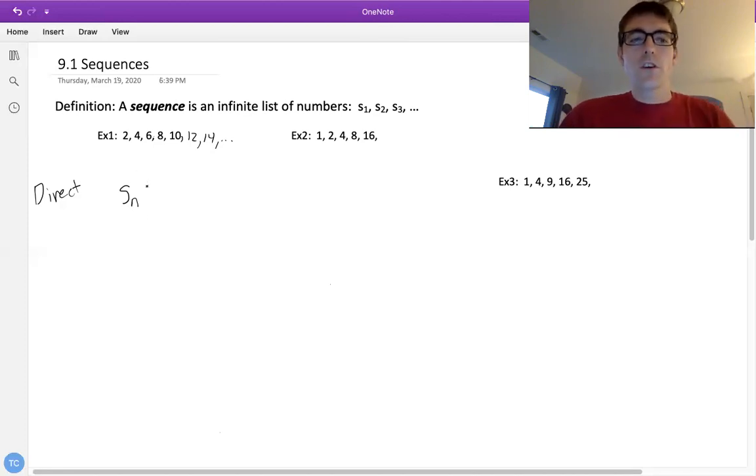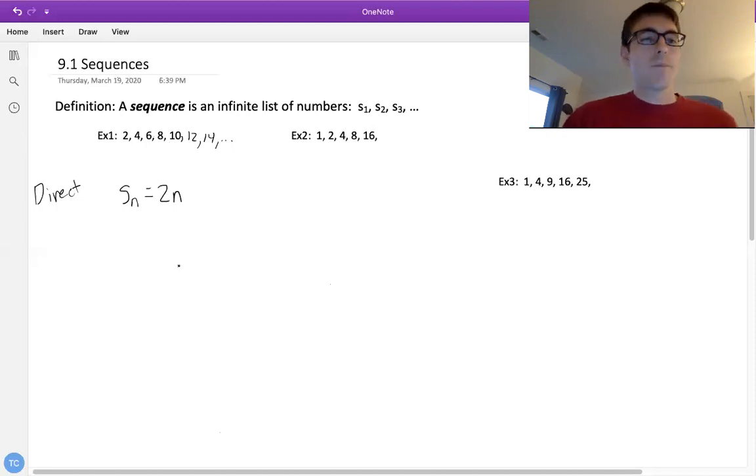So the first term is 2, second term is 4. We can recognize that the pattern is being multiplied by 2. So if we take our Sn to be 2n, then for any n that you plug in, if we want to know what the 5th term was, we could plug 5 into our little equation, and now it tells us that the 5th term should be 10.